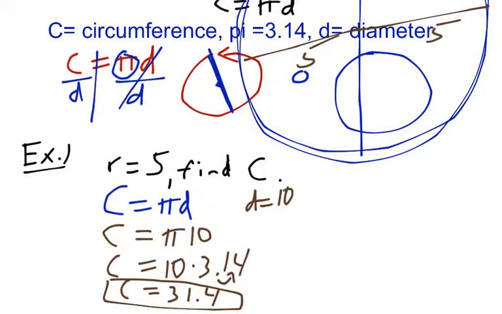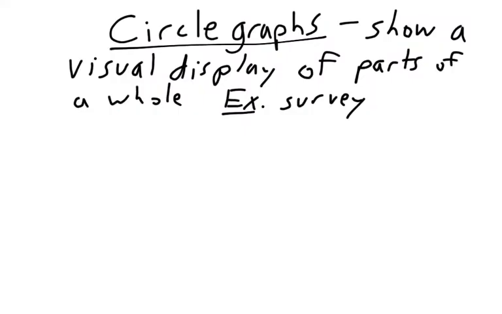And now we're going to jump over to circle graphs. Circle graphs are a great way to show the results from a survey. They show a visual display of parts of a whole.